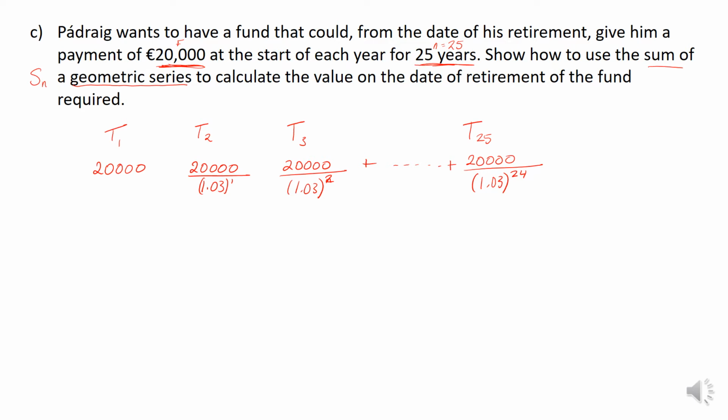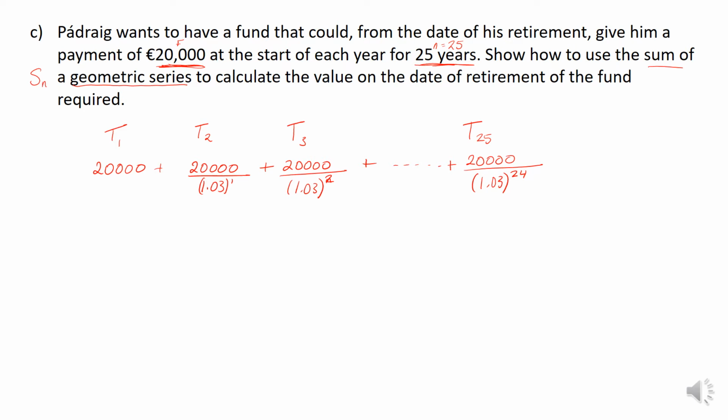All right, so a few points to note there. The first payment is just 20,000. It's before the time the clock has started ticking. The second payment needs to be adjusted by 1 year for its present value, the third one by 2 years, and the 25th one by 24 years.